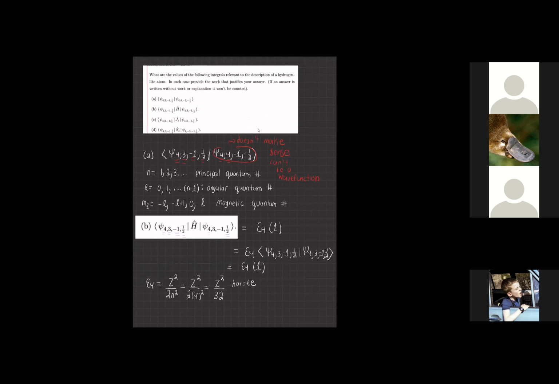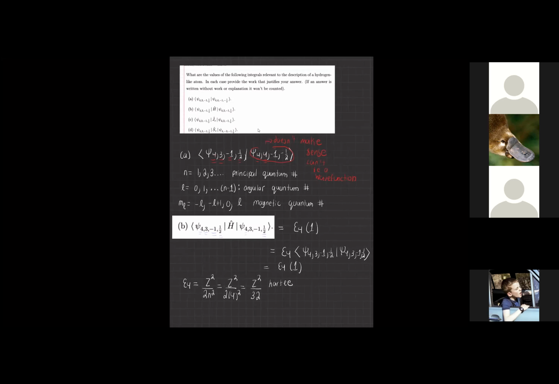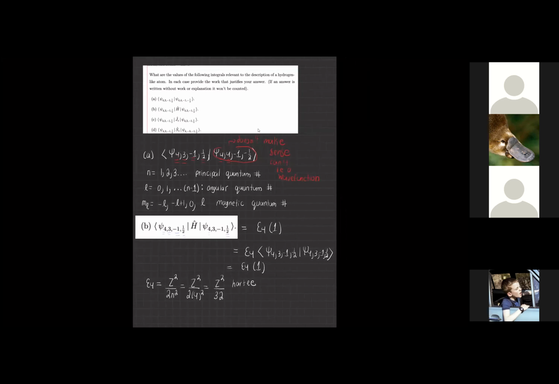Yes. When any one of them doesn't match, it's called orthogonal and equals 0, right? Yes, because that relates to two different eigenvalues. That's because they're orthogonal. Okay, thank you.